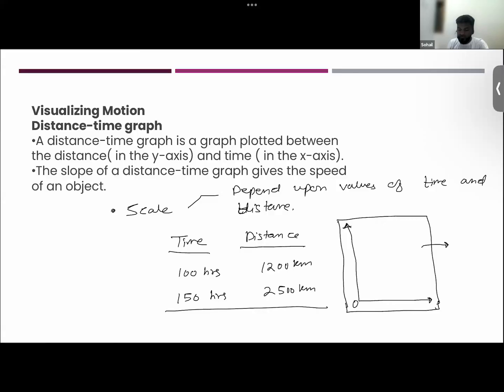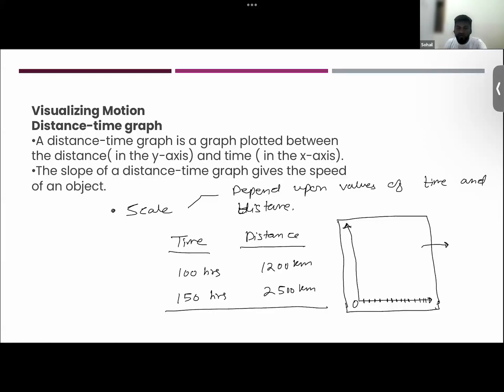So in this case, you are not required to take a larger scale, you should be using a smaller scale. Getting it? Why is it so? Because let's say if you represent it like this, you make how many divisions? 1, 2, 3, 4, 5, 6, 7, 8, 9, 10, 11, 12, 13, 14.